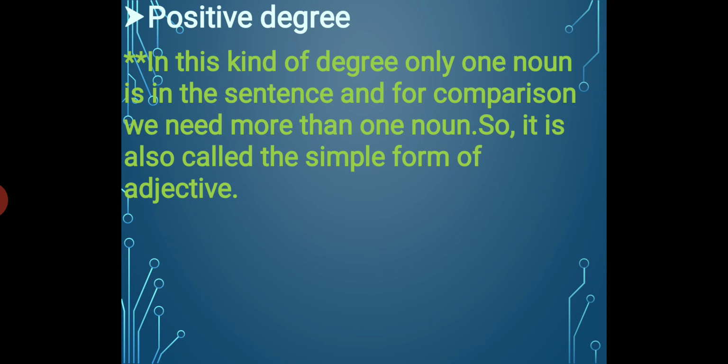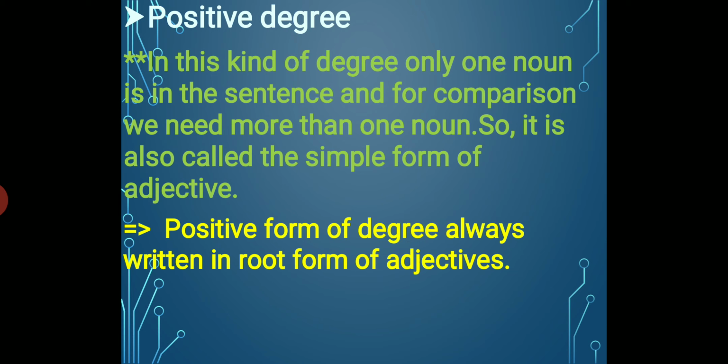So, it is also called the simple form of the adjective. If we want to compare anything, we need more than one noun, and in the positive degree we have only one noun in the sentence, so the comparison is not possible.